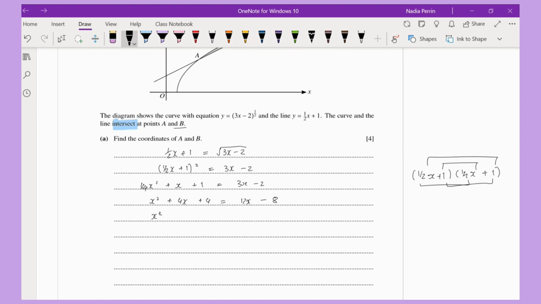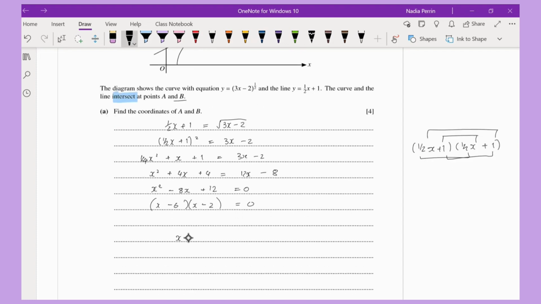So 4x minus 12x is minus 8x, and 4 plus 8 is 12. And then at this point we can factorize. So we're thinking of 2 things that add to negative 8 and multiply to 12. Cool, so we have x equals 6 and we have x equals 2.